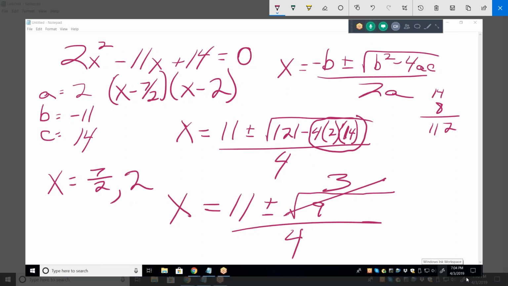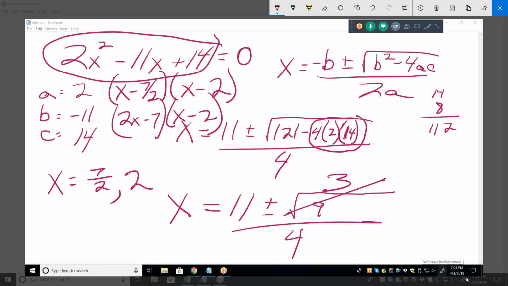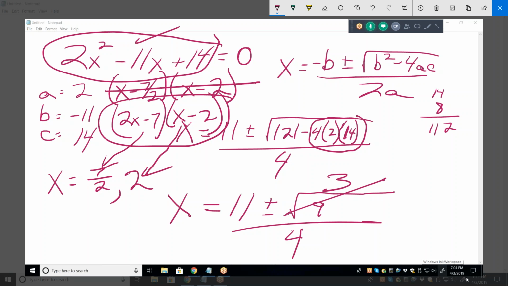Or actually, I could even change this to 2x minus 7 times x minus 2, I suspect, gives us this quadratic. Yeah, it does. In other words, I could have factored it. Not this way, but this way right here. If you FOIL those two back together again, you get this quadratic, and this is what represents that solution. This one represents that solution.